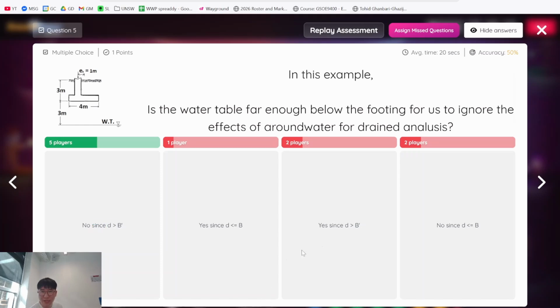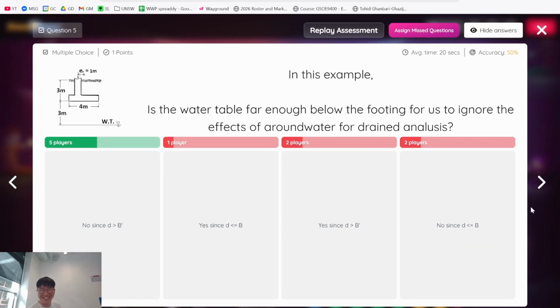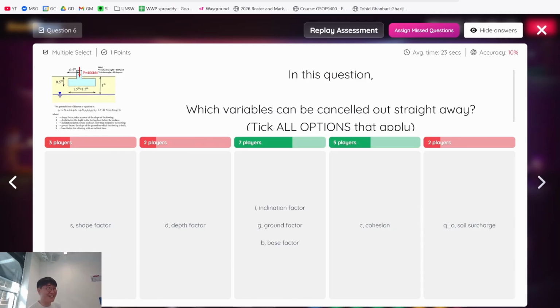I think I said the wrong answer. Okay, sorry guys, I might have screwed some people over. I think it's this, right? We can't ignore it because for drained analysis, this should be less than, I think. Whoops. Okay, yeah.